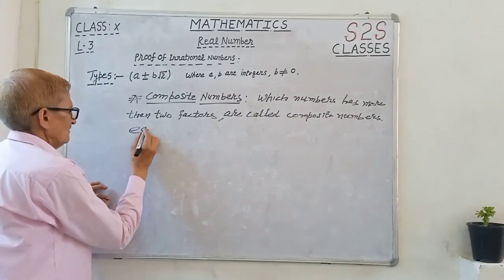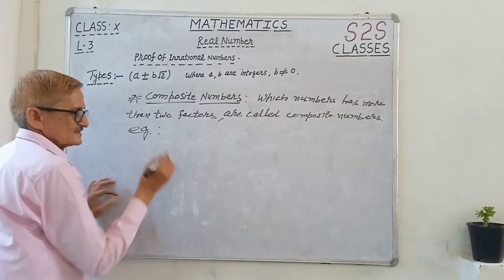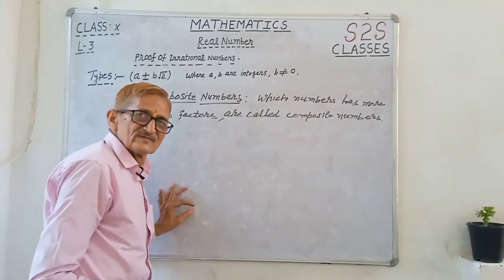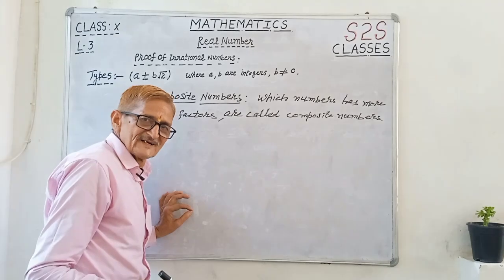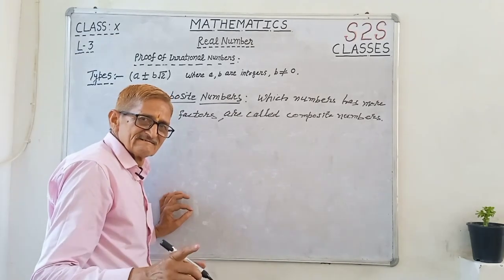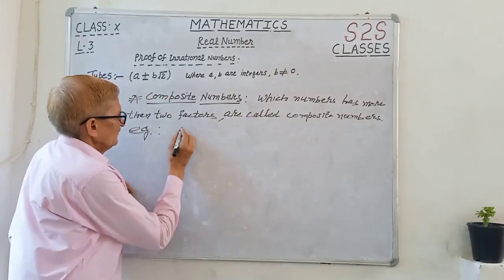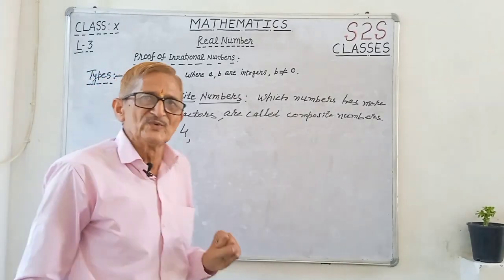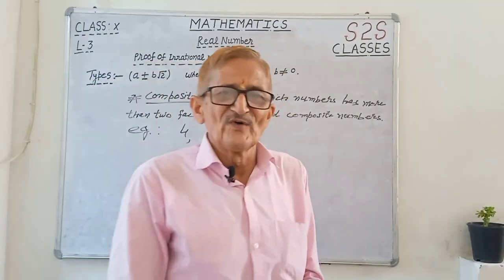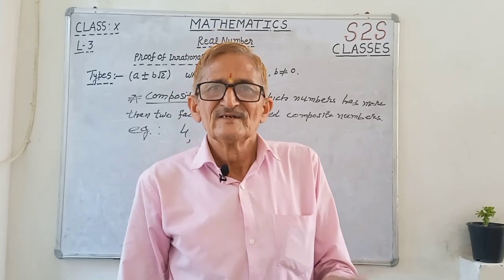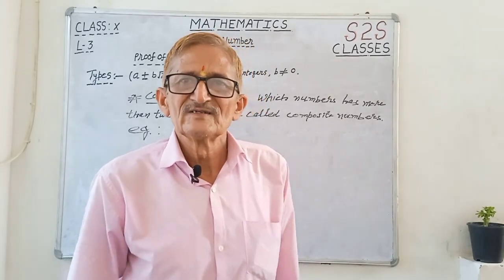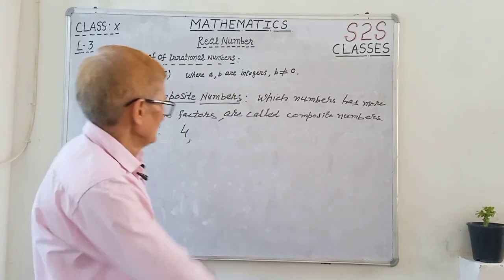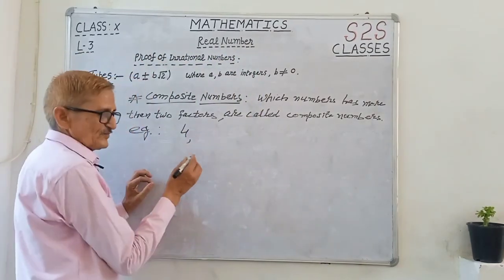Examples of composite numbers. What is the first composite number? 4. Yes, 4 is the first composite number because it has more than 2 factors. Factors of 4: 1, 2 and 4. 3 factors are there, 1, 2 and 4. So 4 is the first composite number.